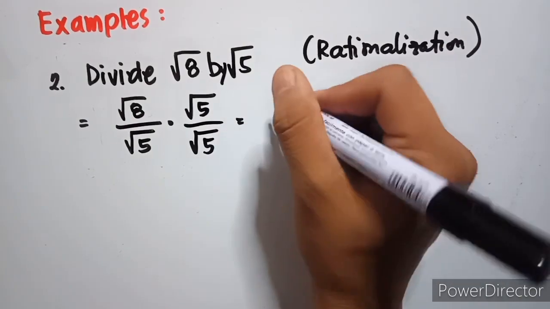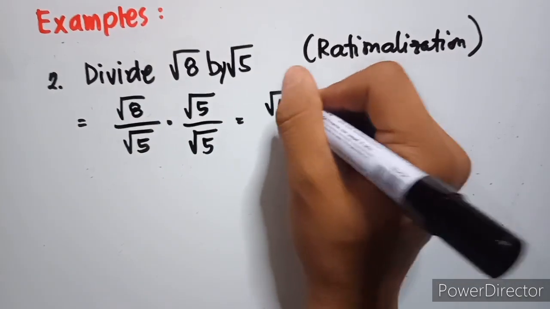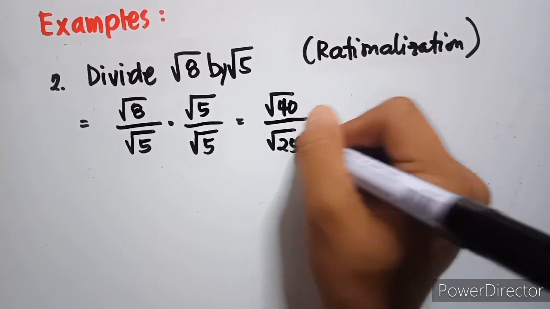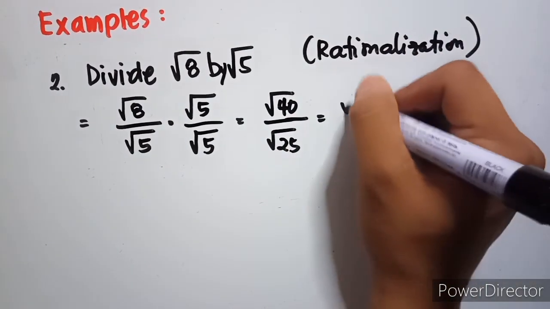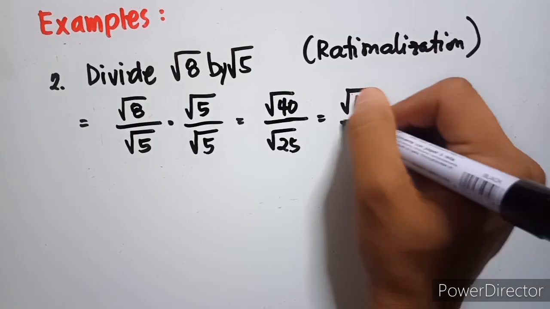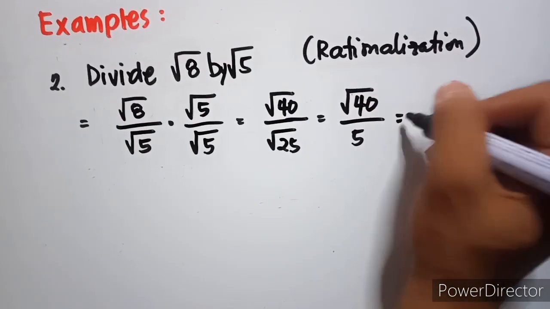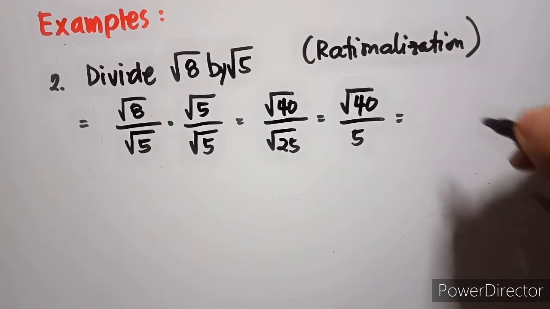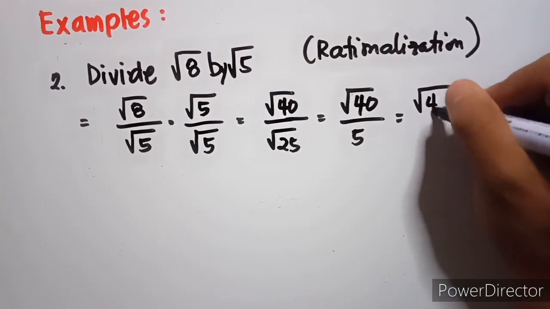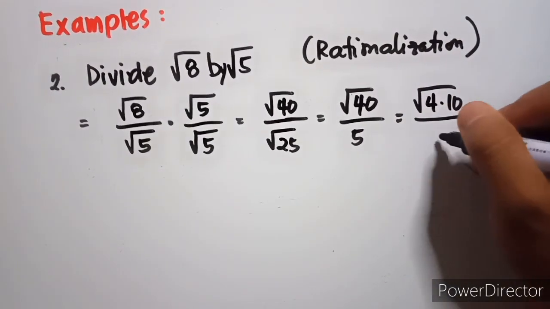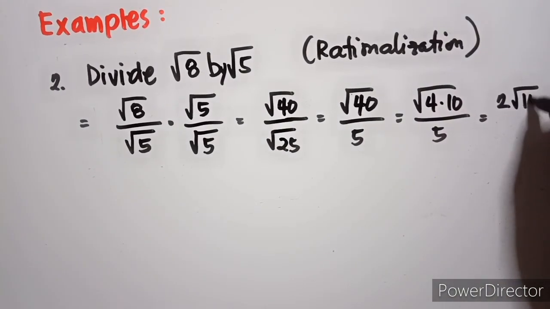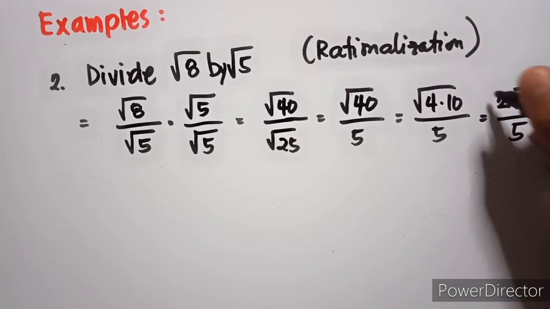So, this is equal to square root of 40 over square root of 25, which is square root of 40 over 5. Since may factor ang ating square root of 40, you can have it as square root of 4 times 10 over 5. So, that is equal to 2 square root of 10 over 5.